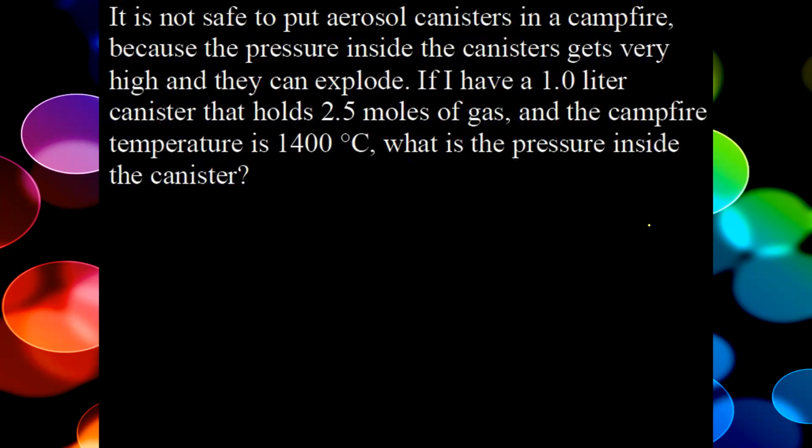So let's say we've got a 1 liter canister and it's holding 2.5 moles of gas. You think it's empty, but they really never are fully empty. There's always some gas left inside. The temperature of the campfire is 1,400 degrees Celsius.